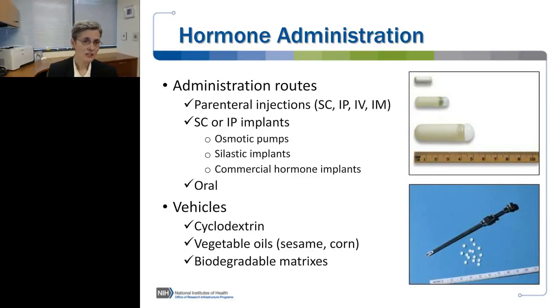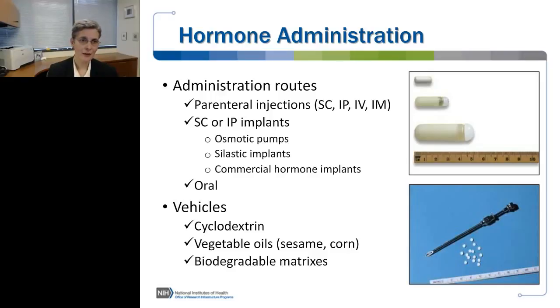Your choice of vehicle is going to be very important if you're going to be administering hormones to animals. Hormones are fat-soluble, so if you want to give an intravenous injection of hormones, you're going to have to look at a vehicle like cyclodextrin, which will allow you to do that. Vegetable oils will allow you to dissolve the hormones and to be able to give sub-Q and IP injections. But if you're going to be measuring hormone levels, your choice of vehicle is going to be very important.